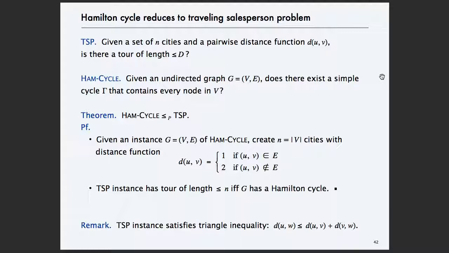And so if there is a TSP tour of length n, I'm going to have a Hamiltonian cycle. If there isn't, then I don't, because I have to go through at least one edge with a distance of 2, which means there is no edge.